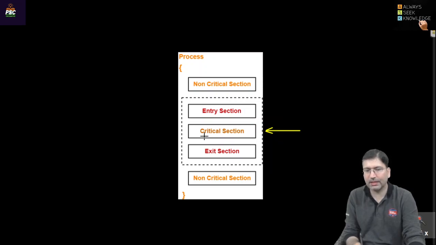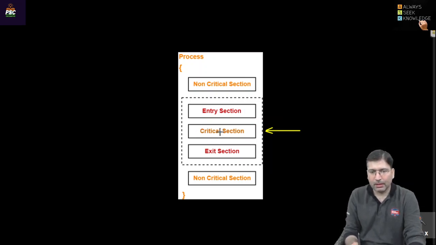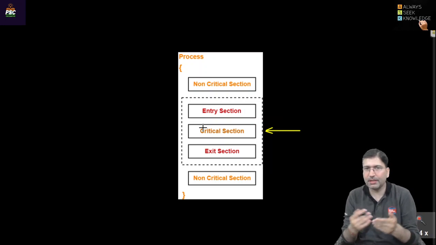So if this is the critical section, that means there are n lines of code trying to update or manipulate the shared files or shared data or shared value. That's why we say this is the critical section. Now we know that this section must not be executed in just any manner. There has to be proper sequencing.